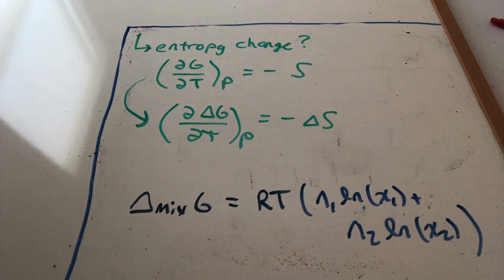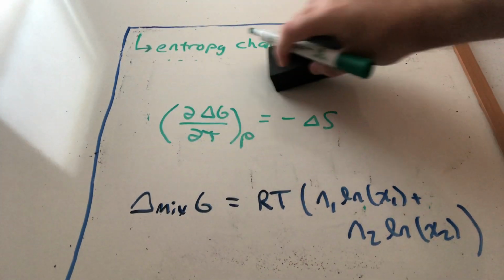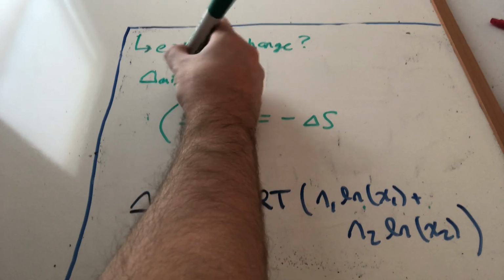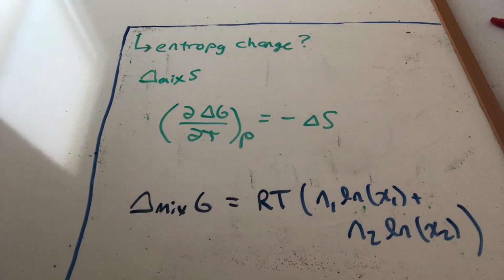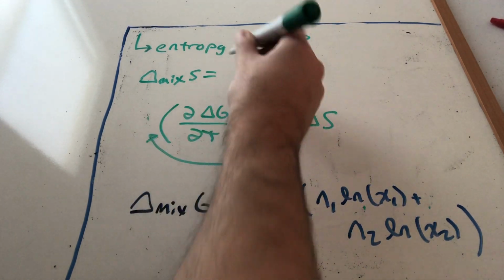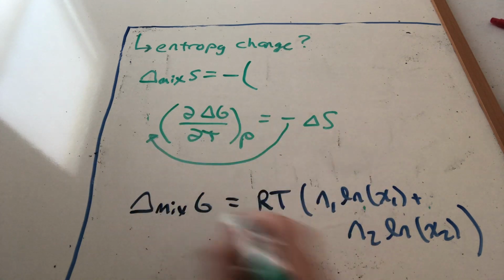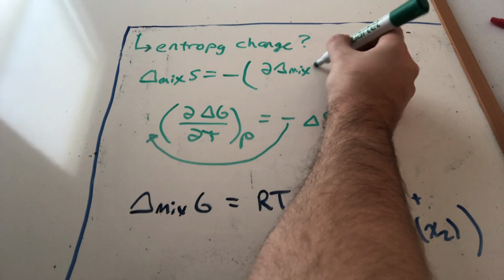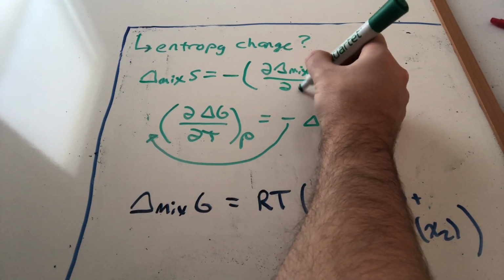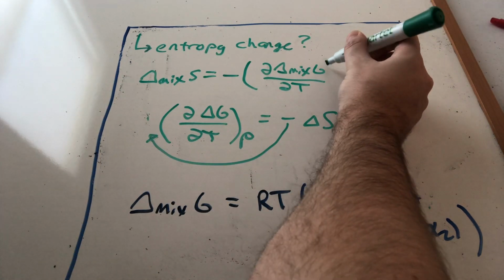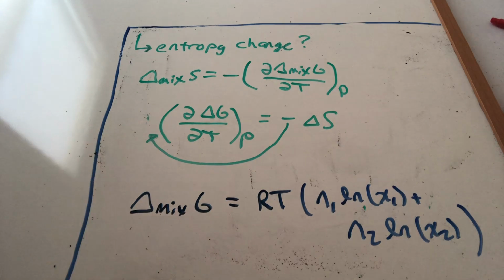So now this is just a true statement. If I want to calculate delta mix S, the entropy change for the formation of the mixture, then if I look at this equation, I can take the negative to this side, and all that this tells me to do is take the partial derivative of delta mix G with respect to temperature, at a constant pressure.